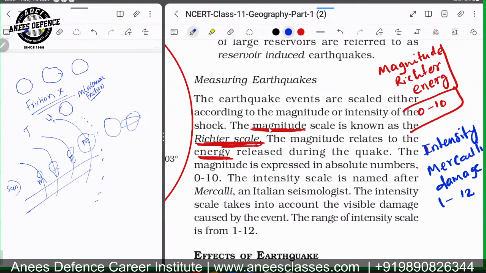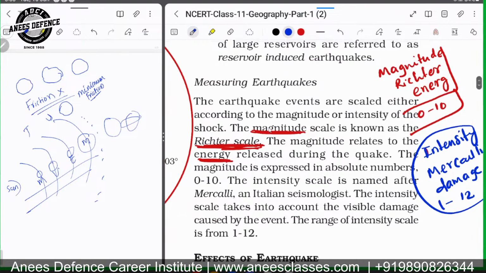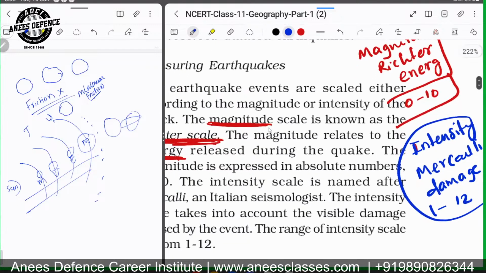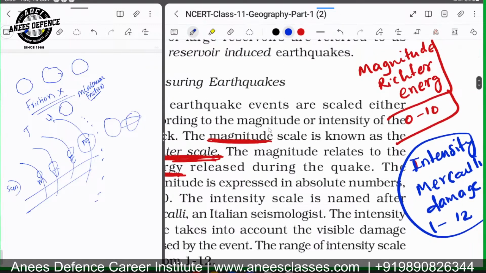Now look, you need to understand this and remember that magnitude is measured in the Richter scale. It means we are counting the energy from 0 to 10, and intensity, that is the damage caused, is measured in the Mercalli scale, which measures from 1 to 12.